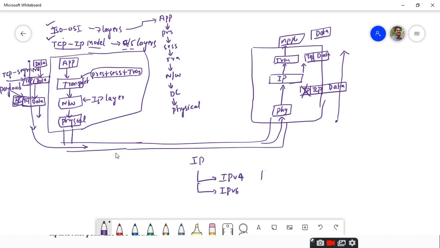The IPv4 packet, as I told you, is divided into three parts. This is the data part, which is nothing but the application data, and this is the TCP header, and this is the IP header. That is it. Very simple packet.